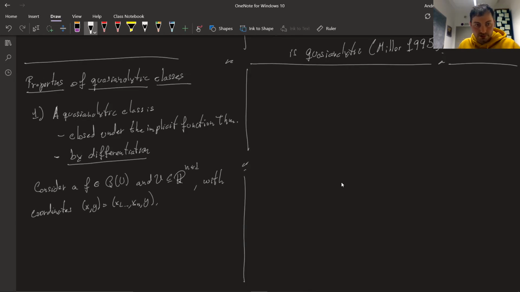The idea is to show that the partial derivative with respect to y of f also belongs to this class.